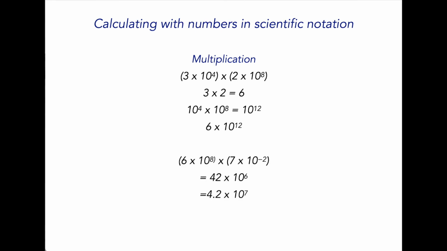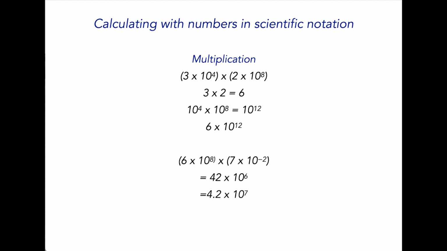But if you're doing multiplication questions, here's a little trap to beware of. In this example, we're being asked to multiply 6 times 10 to the power of 8 by 7 times 10 to the power of negative 2. Well, 6 times 7 is 42, and 10 to the power of 8 times 10 to the power of negative 2 is 10 to the power of 6.